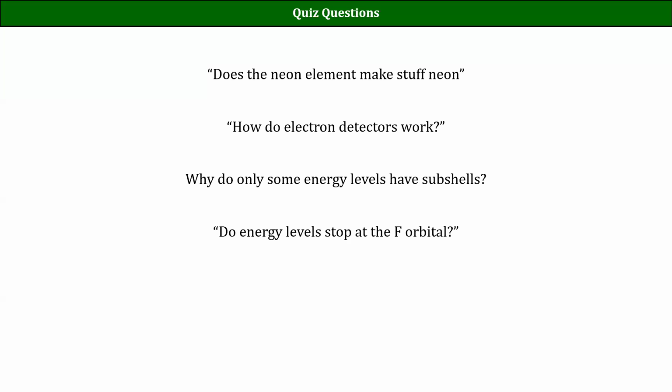So the earliest versions of an electron detector would basically, you coat the inside of a piece of glass with this stuff called a phosphor. And a phosphor, basically, if an electron hit it, it would absorb that electron and it would glow for a second. And so earliest TVs just did that.